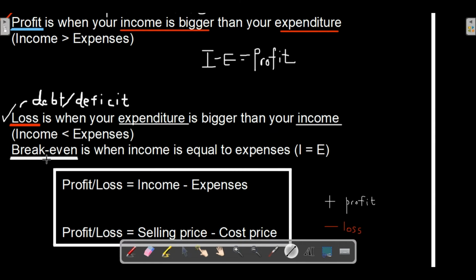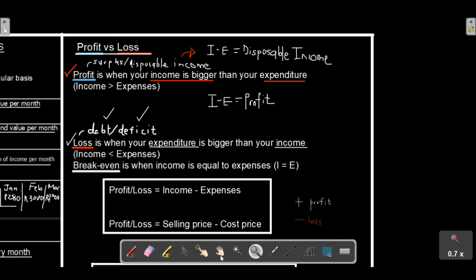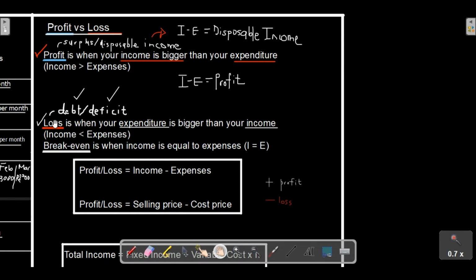Now you are in debt because you do not have enough money to cover those expenses. So you are in debt or in shortage. Shortage, we also call it the deficit. That we call the loss.